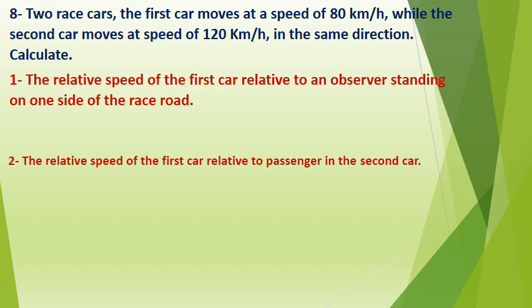Calculate. Number 1, the relative speed of the first car relative to an observer standing on one side of the race road.